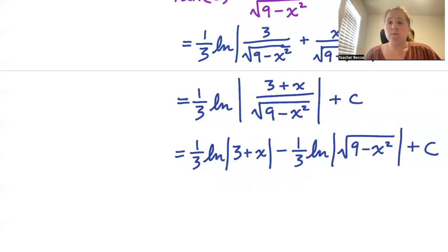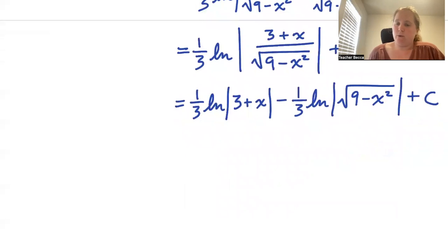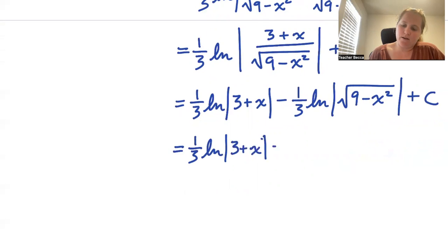Natural log of a square root, we can pull out that raising to the 1/2 out front. This is the same as 1/3 of the natural log of the absolute value of 3 plus x, minus 1/3 times 1/2, or minus 1/6 times the natural log of the absolute value of 9 minus x squared, plus c.